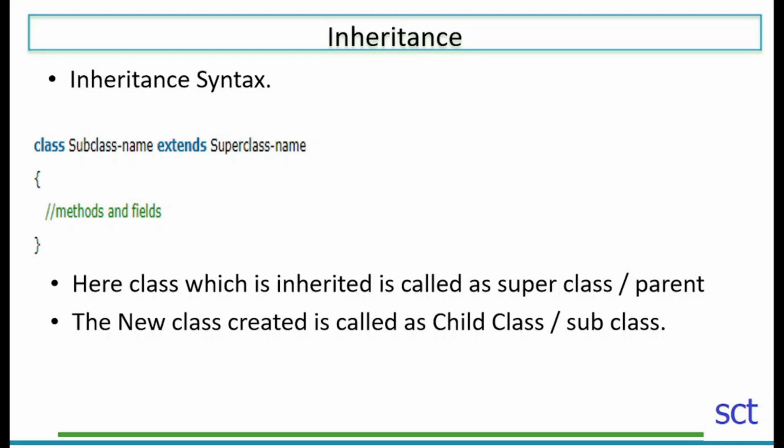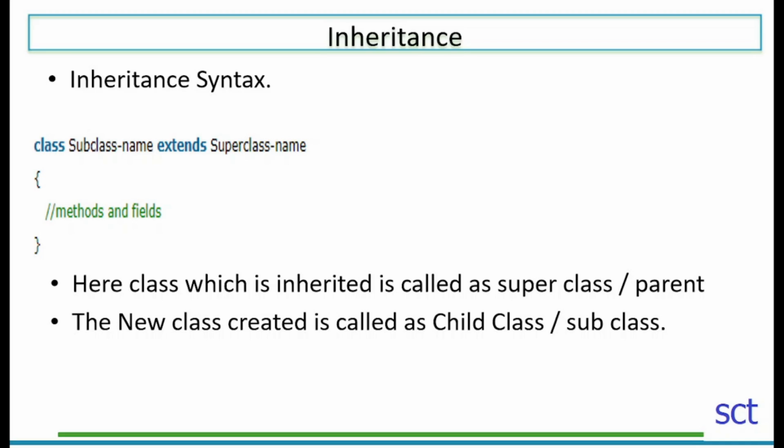If a class already exists, with the name of the class being the superclass name, I can create a new class: subclass name extends superclass name. So some class already exists and I want to take all the properties from that class.